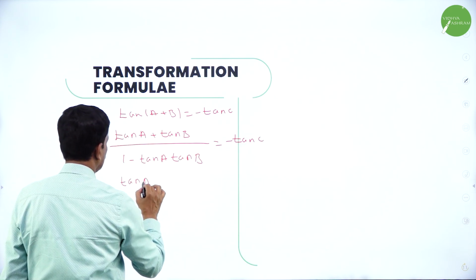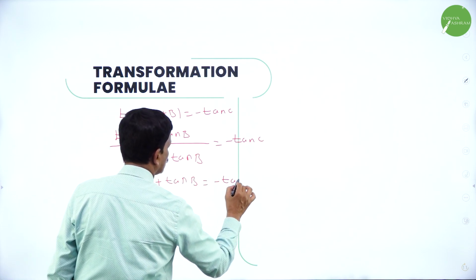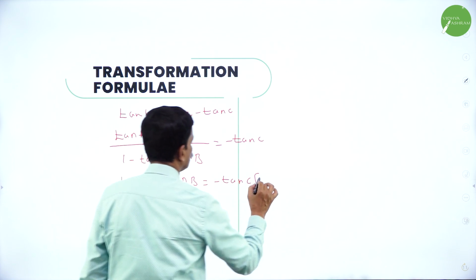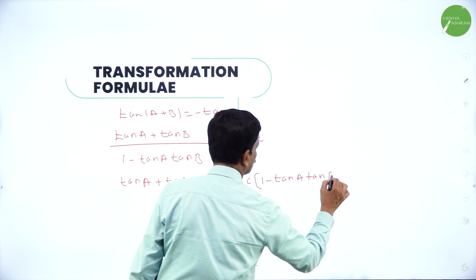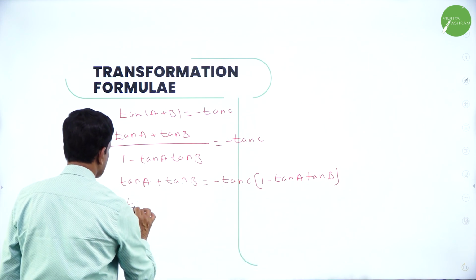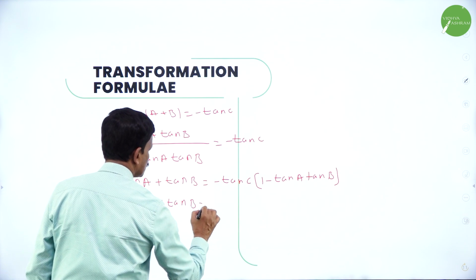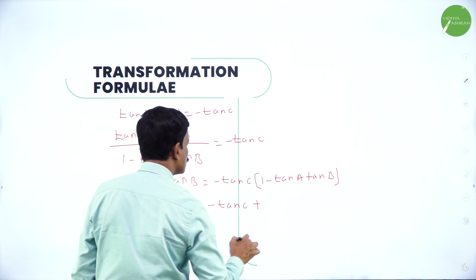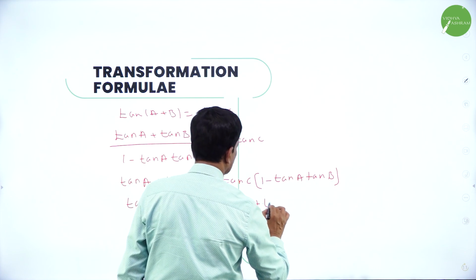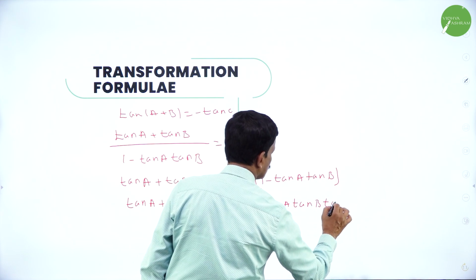This is tan a plus tan b is equal to minus tan c into 1 minus tan a into tan b. Now multiply by minus tan c: minus into minus plus, tan a tan b into tan c.